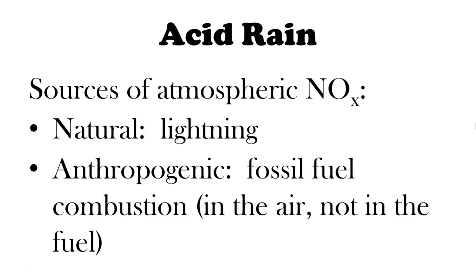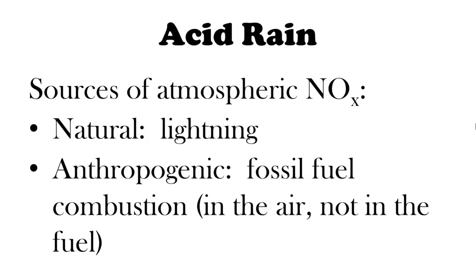And one more thing here, it's not actually the sulfur dioxide or the NOx particles that result in the drop in pH in acid rain. It's actually derivatives of those chemicals that cause those water particles in the atmosphere to become acidic.